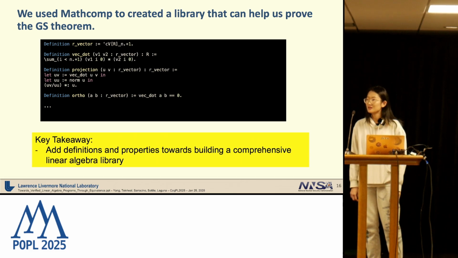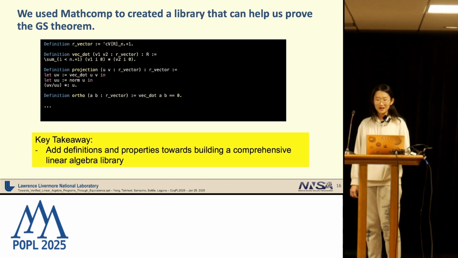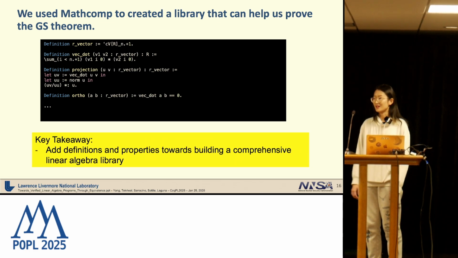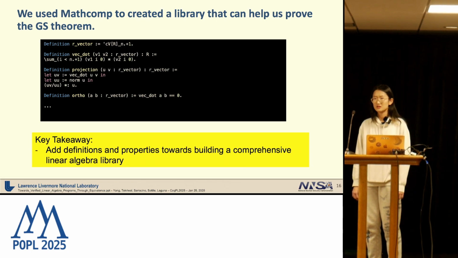I'm curious why you chose to work with the matrix library rather than the vector library, which is a little more abstract. We actually use a lot of lemmas established in the vector library. But one reason we didn't use it is that there is no definition of dot product in the library.